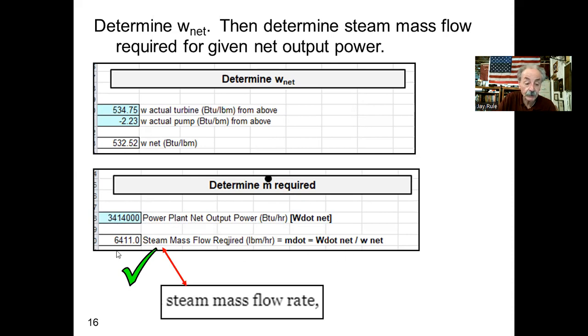That gives us the mass flow, 6,411 pounds per hour to produce 1 megawatt of power. So now we've really got a leg up on our homework problem, but we've done a lot of work to get there. Steam mass flow required, I've spelled required wrong, 6,411 pounds per hour.